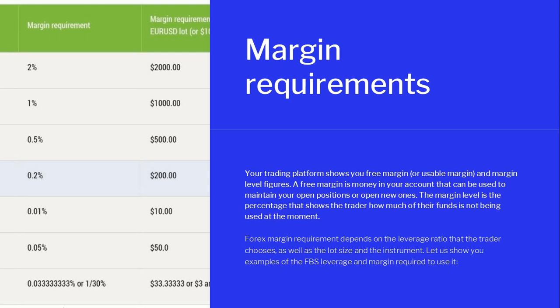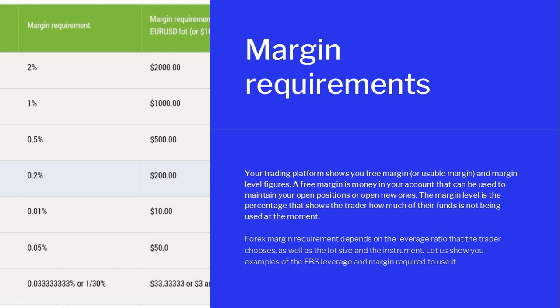Free margin is the money in your account that can be used to maintain your open positions or to open new positions. So you depend on your free margin for opening more positions or maintaining your positions. Once your free margin is used up, it simply means that you can't continue trading.